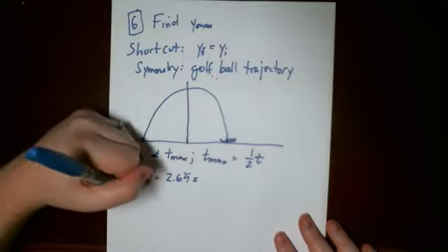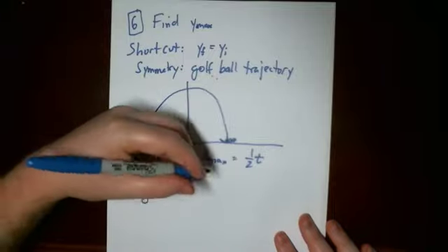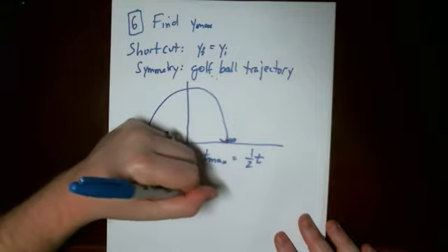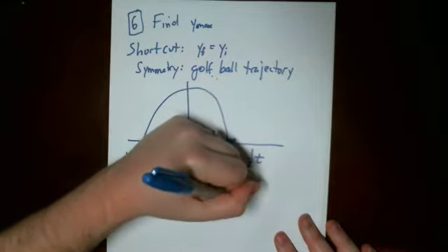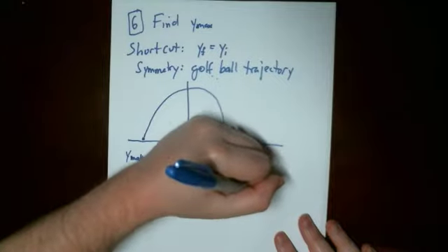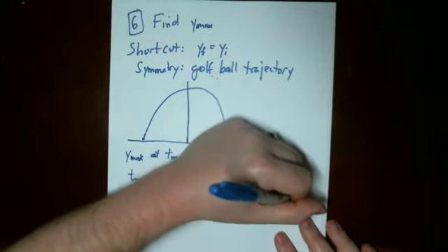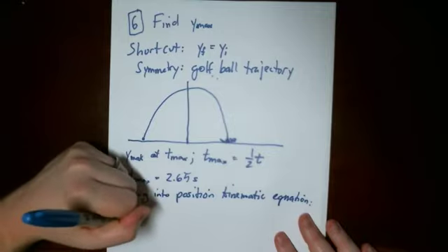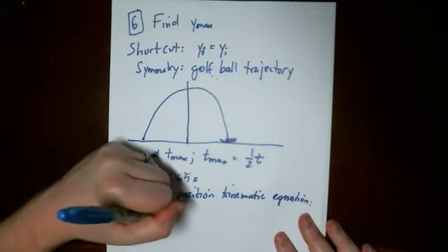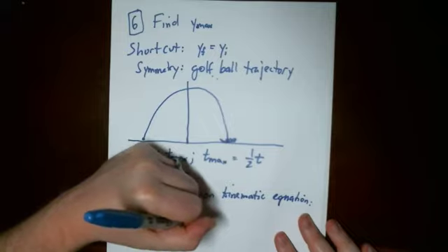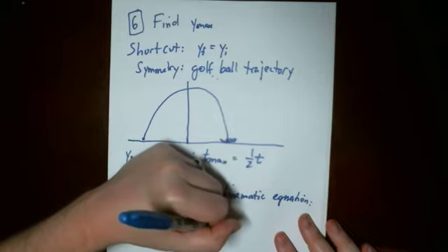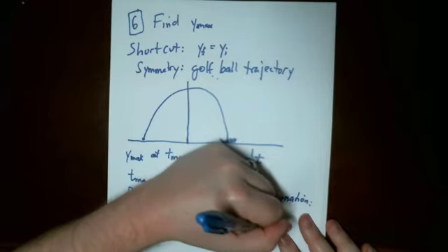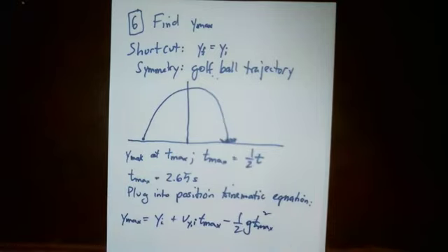Then we can just plug that into our vertical position kinematic equation. So Ymax is Yi plus Vyi Tmax minus 1/2 g Tmax squared. And everything in here we know.